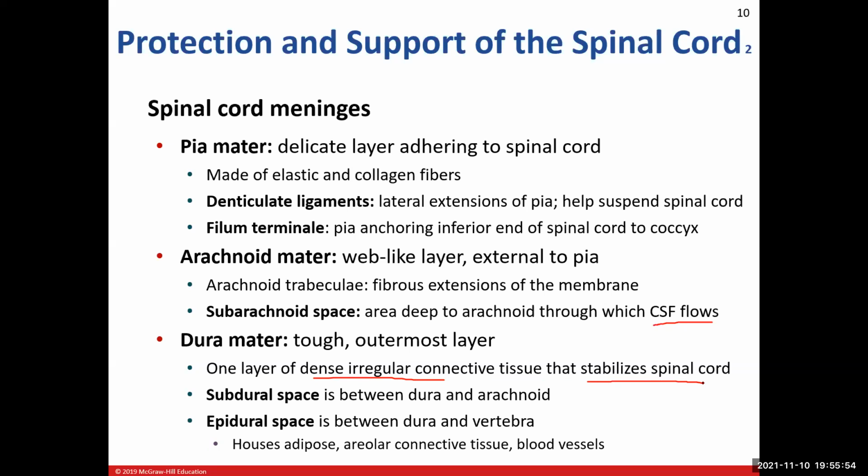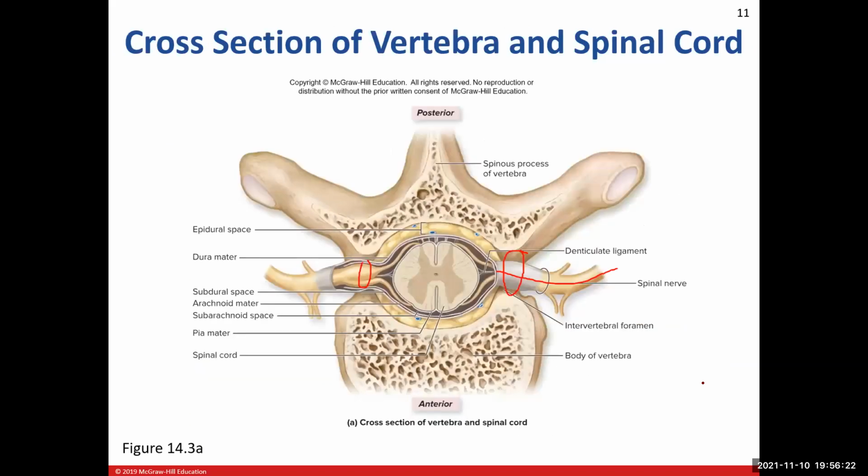The subdural space is going to be between the middle layer, the arachnoid mater, and the dura mater, and then our epidural space is going to be found in between the dura mater and the actual bone of the vertebrae. And in that area, that's where we're going to see most of our packing material, most of our adipose tissue, lots of blood vessels. We'll see some other connective tissue, like some areolar connective tissue, because you know, areolar connective tissue, loose connective tissue, is the packing material of the body.